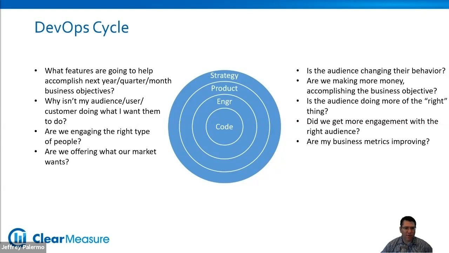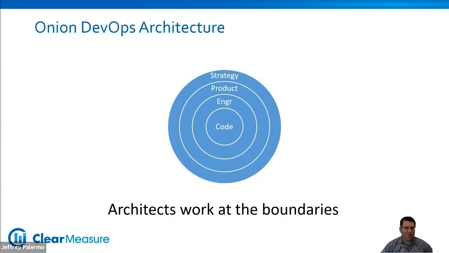Okay, so this model is what I'm calling onion DevOps architecture. And your role as an architect is to work at the boundaries, okay?